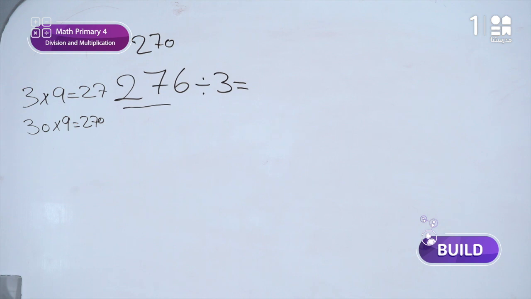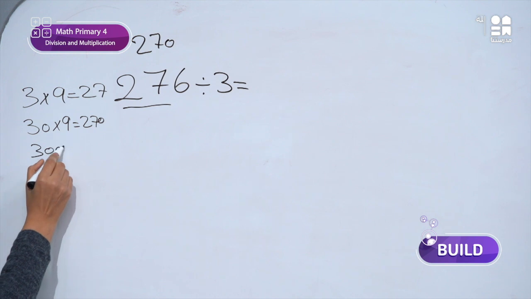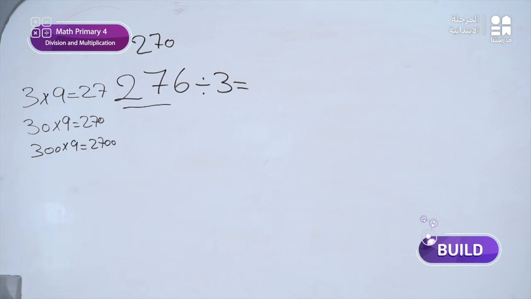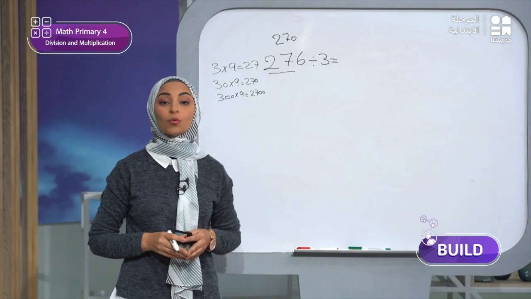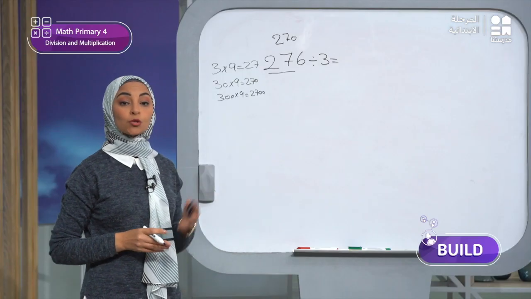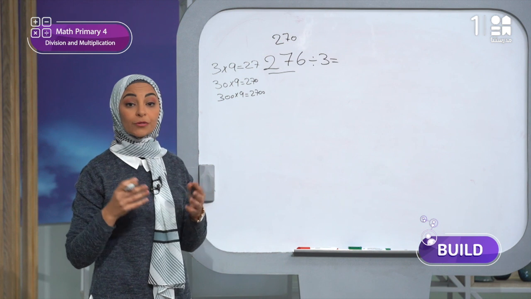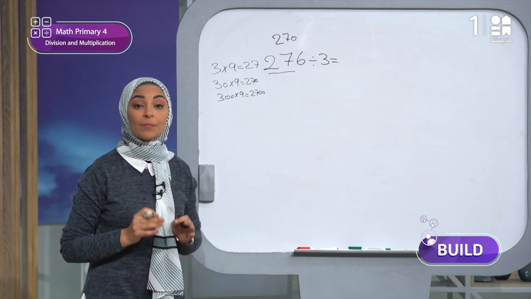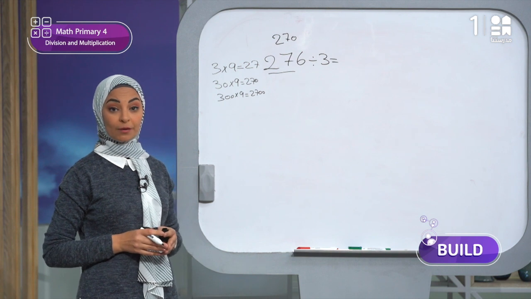And what else? Of course, 300 times 9 gives me what? 2,700. Okay, so could you say that the quotient 276 divided by 3 will be greater than 90, right? But it will be very close to it at the same time.